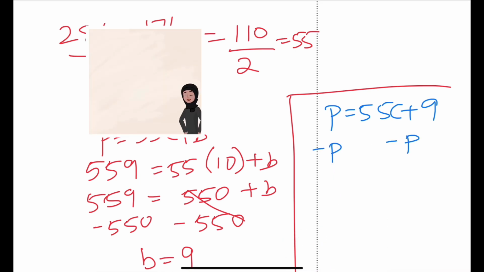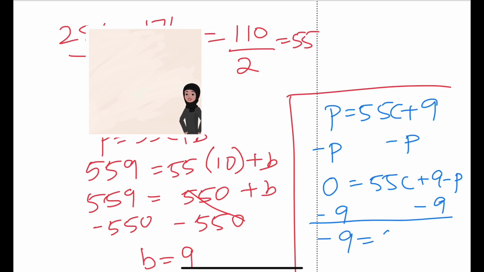Or in other words, let us subtract p on both sides. So we will have 0 is equal to 55 c plus 9 minus p. Then subtract 9 on both sides because we need the constant on the other side. So negative 9 is equal to 55c, and the 9's cancel, minus p.